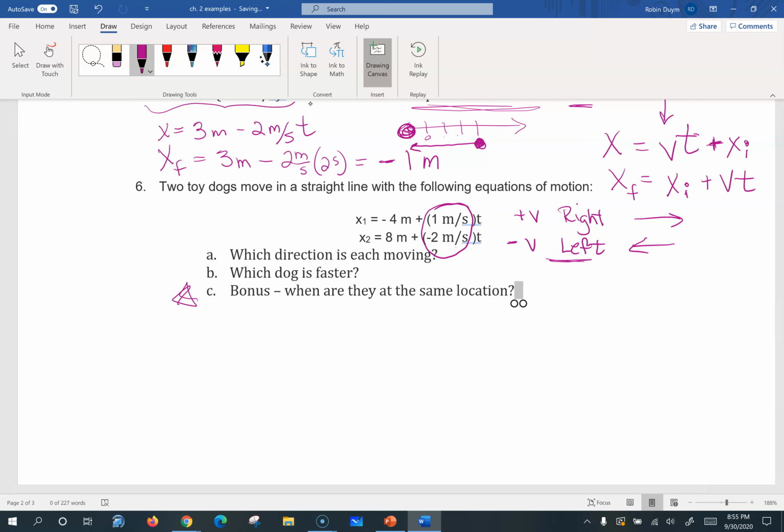Here's a little bonus thought. Can you figure out when they are at the same location? At what time does that happen? Well, what you would do is you would set these equations equal to each other, and solve for t.